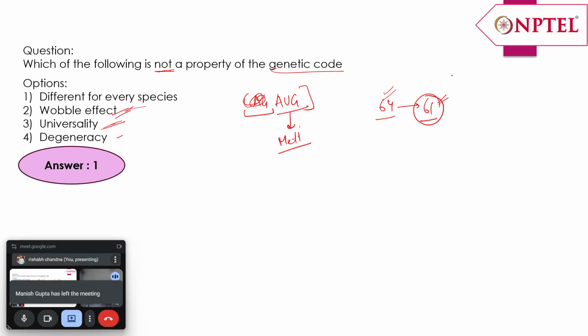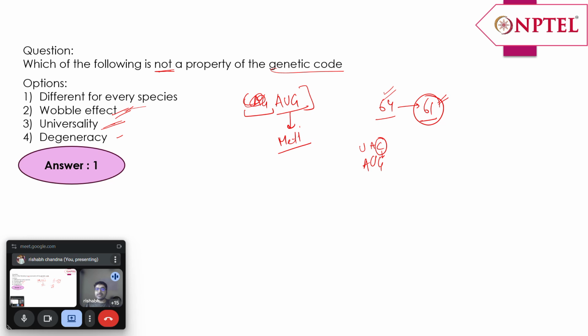So what happens is, whenever a tRNA binds to this particular codon, for example this, the opposite would be UAC. The third base of the codon, or the first base of the tRNA anticodon, has a flexibility in attaching to the bases.